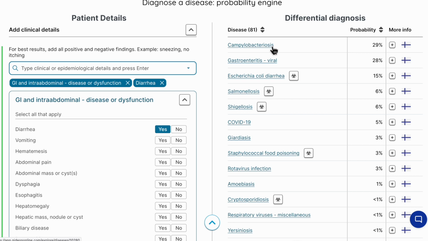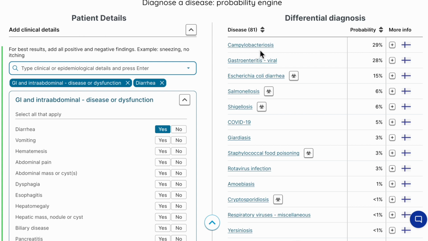Gideon agrees with the author. This is not the diagnosis. Only 29% would be expected to have that disease. If you add the first two together, you find something interesting. You see 29% would have this, and 28% would have viral gastroenteritis, meaning that more than half of patients would be expected to have one of these two diseases. You could make that statement.